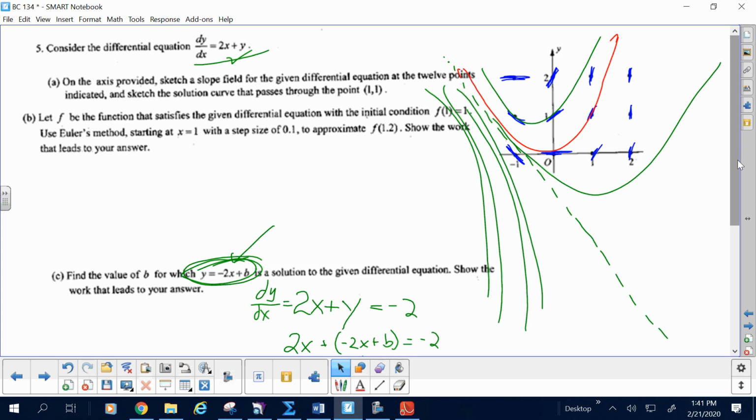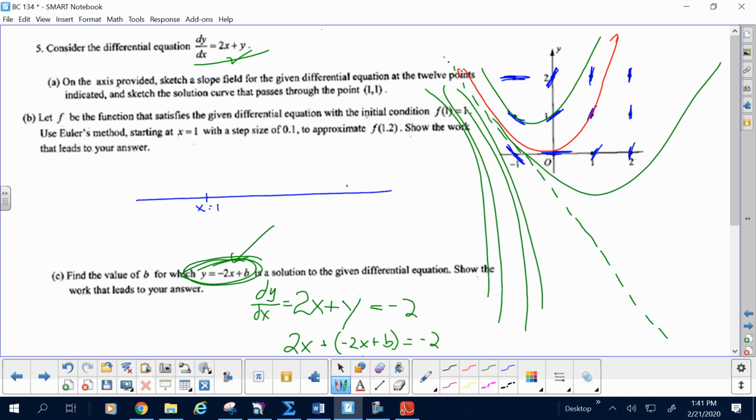Why do you just subtract? Like, why do you subtract the 1.2 minus 1? Really, I'm just trying to say, in my mind, where am I going from and to? I'm going from an x of 1 to x of 1.2.